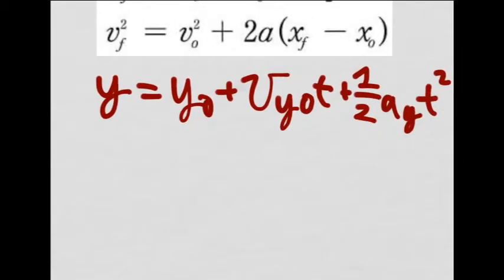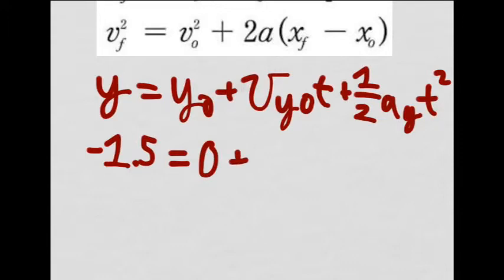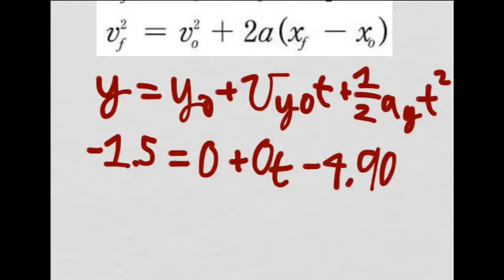The final position of y is negative 1.5 meters, I'm just not going to write out the meters part to save space, equals 0, because the initial place of y is 0, plus the initial velocity of y is 0, so that just dies off, minus half of 9.8, which is 4.9, times t squared.